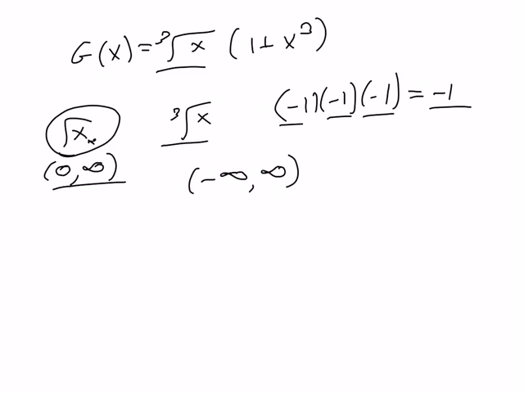This function is defined everywhere. The polynomial 1 plus x to the third is defined everywhere. And we know from Theorem 7 that root functions, so here's a root function, and polynomials, so here's the polynomial 1 plus x to the third, are continuous in their domains.